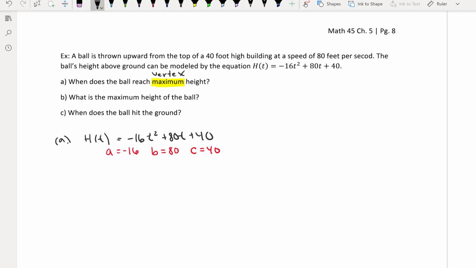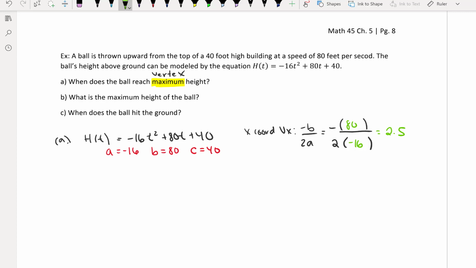So I also know that the x coordinate of the vertex is going to be the formula negative b over 2a. So negative my b value over 2 times my a value. So in this case, my b value was 80 and my a value is a negative 16. So when I plug that into my calculator, I'm actually going to get a decimal, and a decimal is fine. So I'm going to have 2.5.